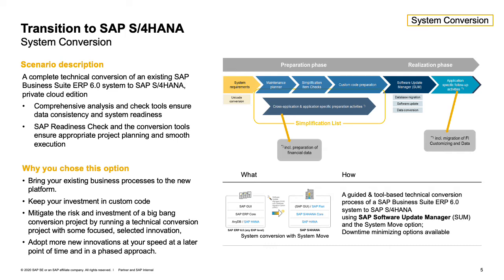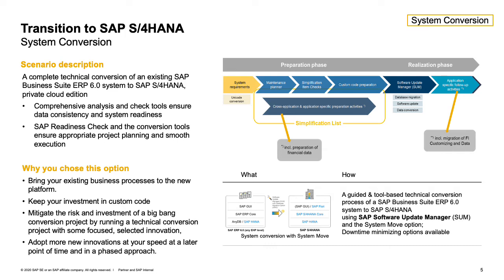A customer should go for this option if they want to bring their complete business processes and data to S4HANA. To mitigate the overall risk of a big bang approach that a conversion would require, the project can be tailored to a technical conversion, minimizing potential issues. Additional innovation can be made available and consumed at a later point in time.